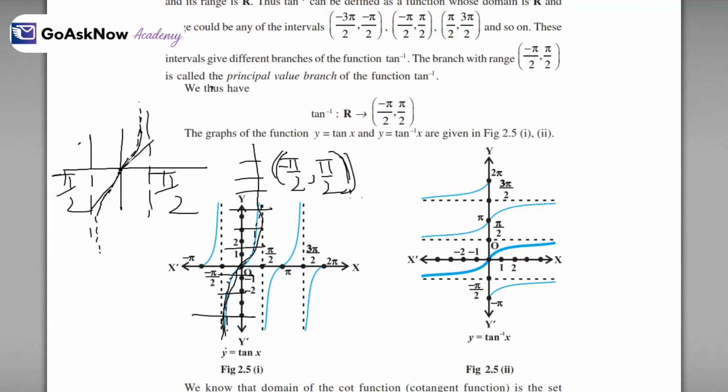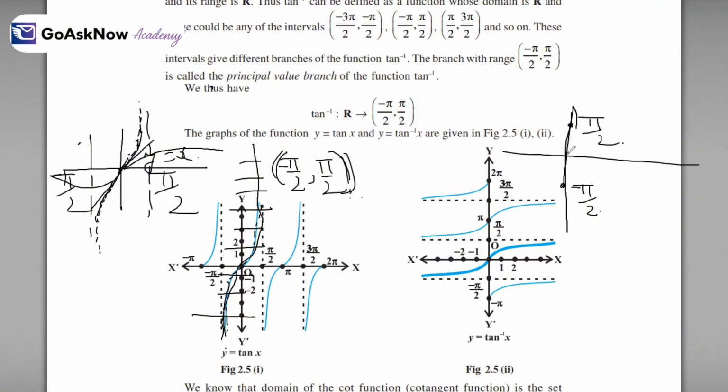Okay, so if you take the reflection about the y equal to x axis, how will the graph come? If you take the reflection of this part, it will look like this. So the graph will be in the interval minus pi by 2 to pi by 2; this is the range of this function.